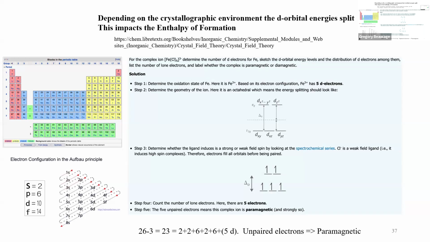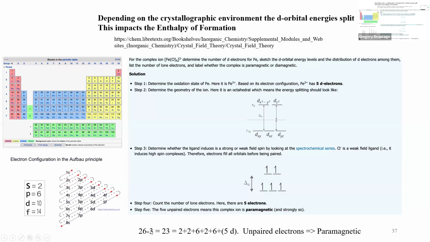So if you have an iron chloride ion, then the iron's in the +3 oxidation state. If you figure out that iron is 26, so you start adding up: 1s is 2, 2s is 2, 2p fills with 6 electrons, 3s is 2, 3p is 6, and then you have the d orbital.